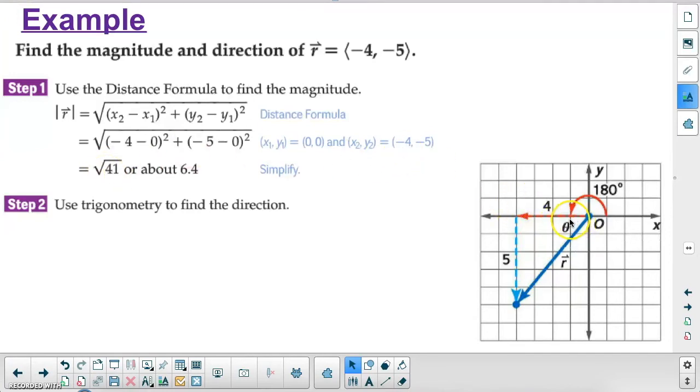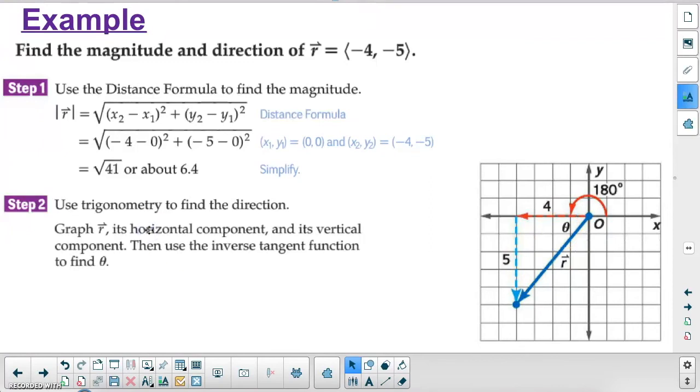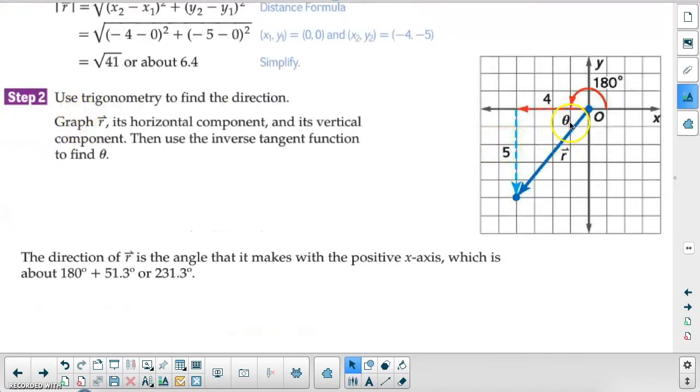Now to find the direction from the horizontal, and remember in math and physics we always look at our angle from the horizontal. We're going to use trig to find the direction. Well, we're going to be solving for this angle here inside that right triangle. So we graphed vector r, its horizontal and vertical components, and now we're going to use opposite and adjacent to find that angle theta.